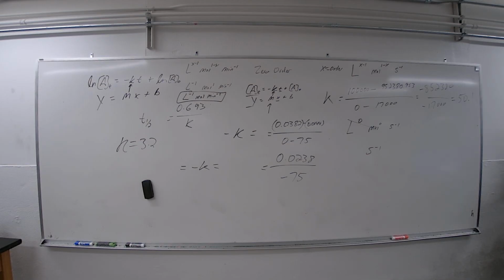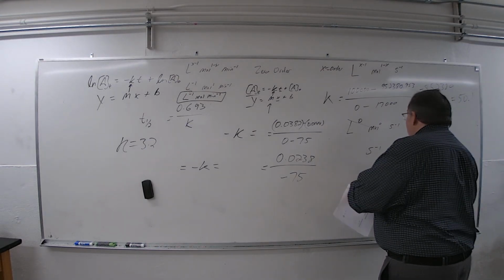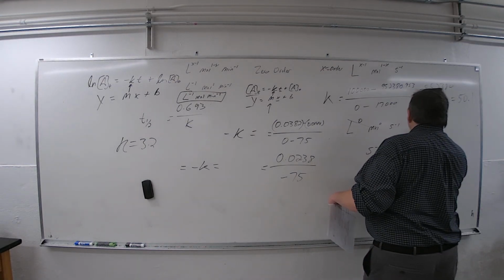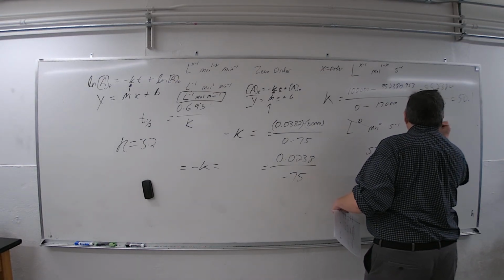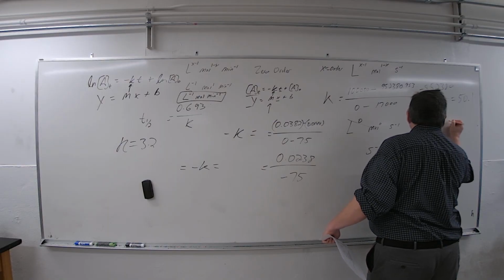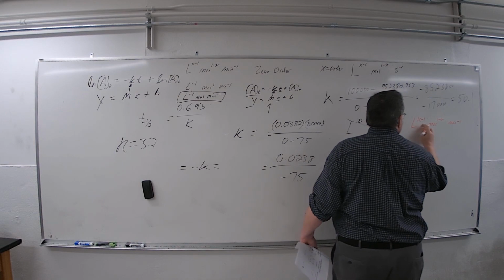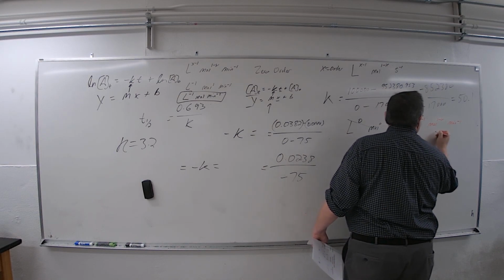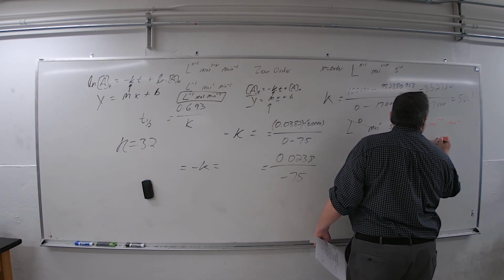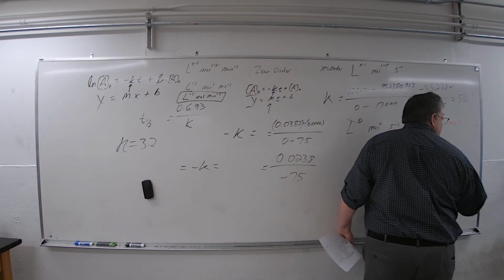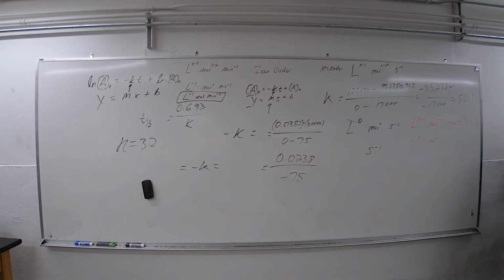We said this is first order. That means L to the x minus 1, mole to the 1 minus x, and this is minutes to the negative 1. If it's first order, it's L to the 0, mole to the 0. So there's one of these that just has minutes.